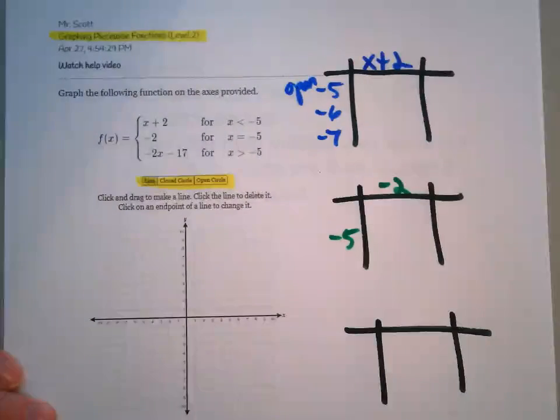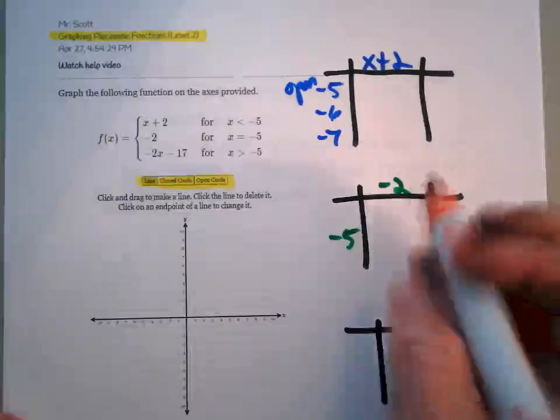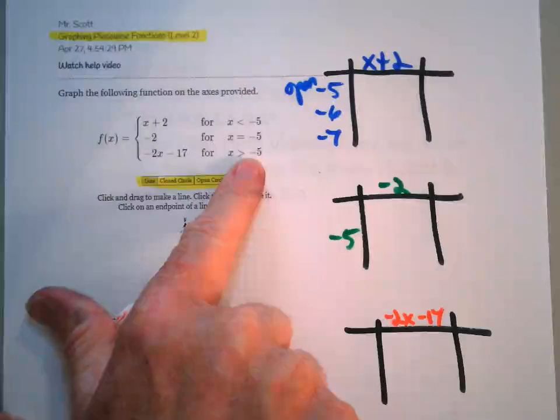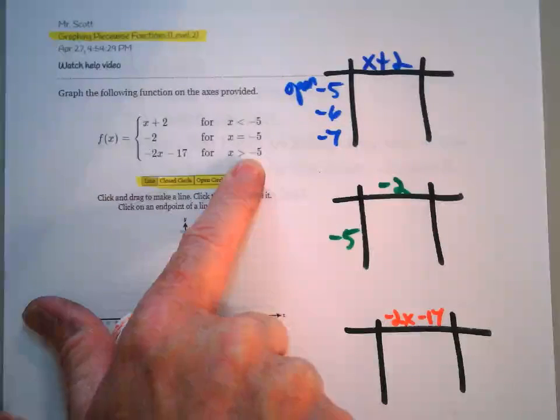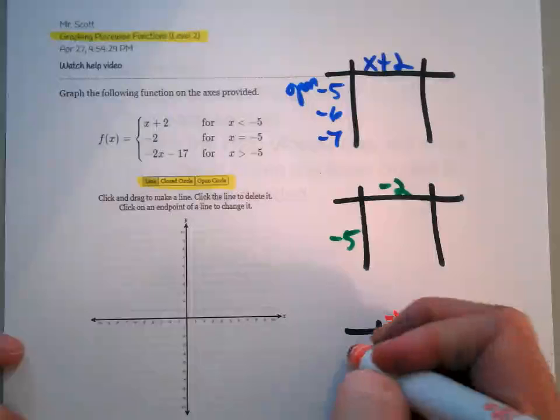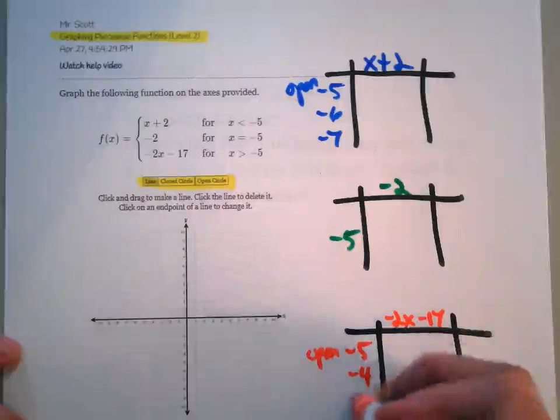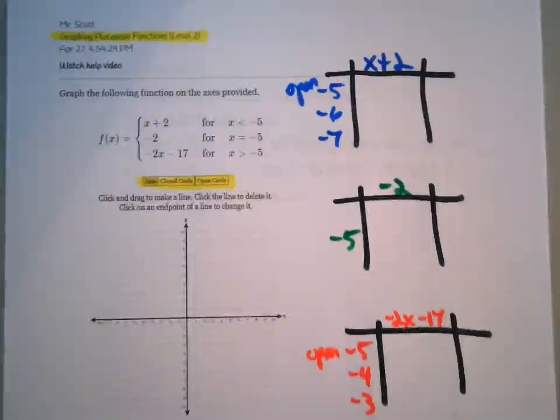That's the only one. And then on the third one, we'll do negative 2x minus 17, and we're using values that are greater than negative 5. So we'll use negative 5 again. It'll be open. So negative 4, negative 3 should be enough for us to get all that taken care of.